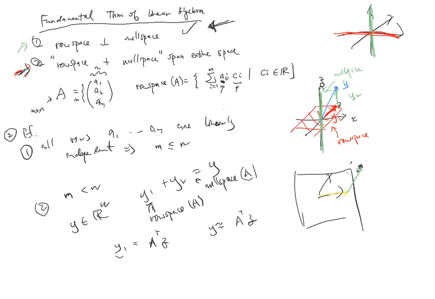The way to do that is I can multiply A on both sides. So I have Ay is equal to A A transpose z.